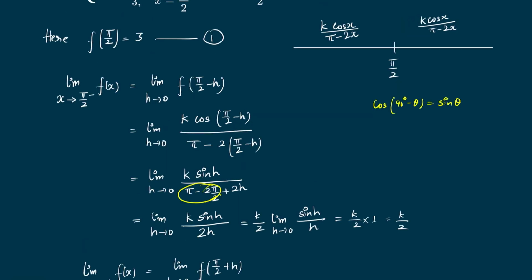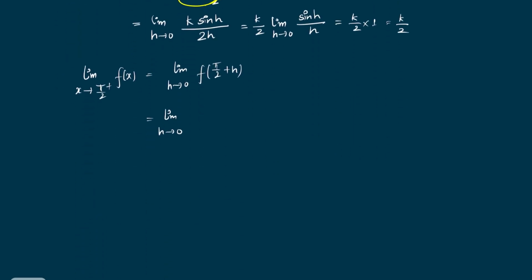So this is k cos x by pi minus 2x. This k cos of x means pi by 2 plus h, whole divided by pi minus 2 into (pi by 2 plus h), equals limit h tends to 0 k into cos (pi by 2 plus h).